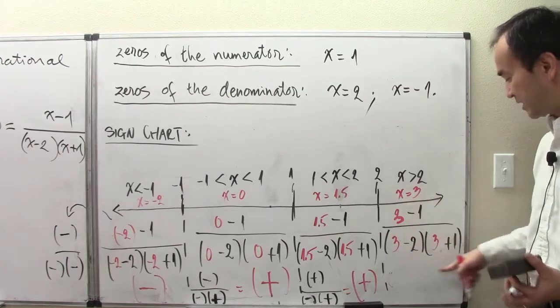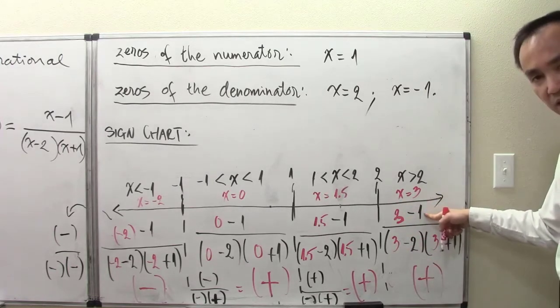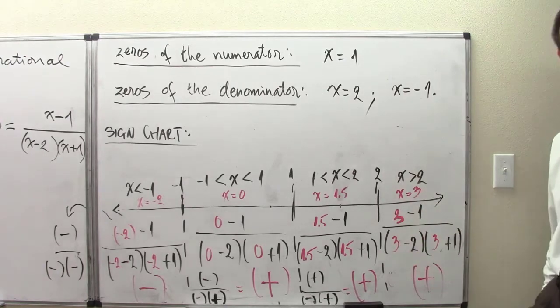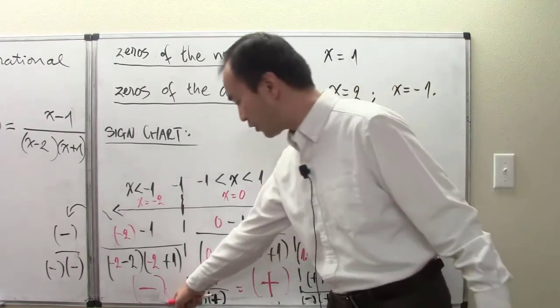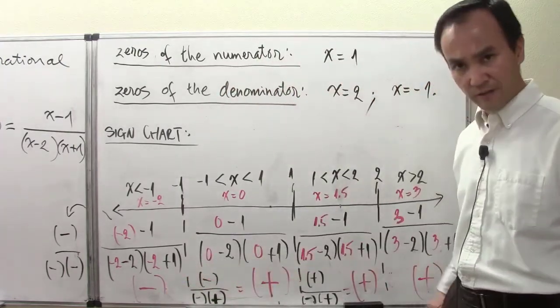So now you can easily see that it's all positive here. It's positive for that factor, and it's positive for this factor as well. So together it's a positive sign. The sign of your rational function outputs is indicated in red ink here for this sign chart.